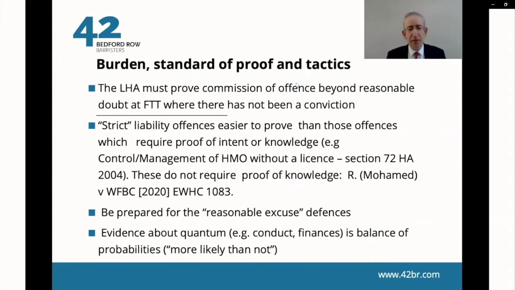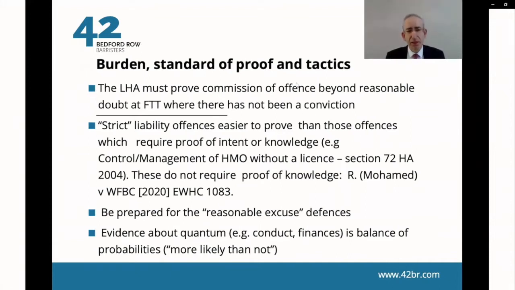Some of the offences will be easier to prove than others. So the offences in relation to control or management of a house in multiple occupation or a Part 3 licensed house, those are what are called strict liability offences. There is no need to prove, in most cases, an intention or knowledge.